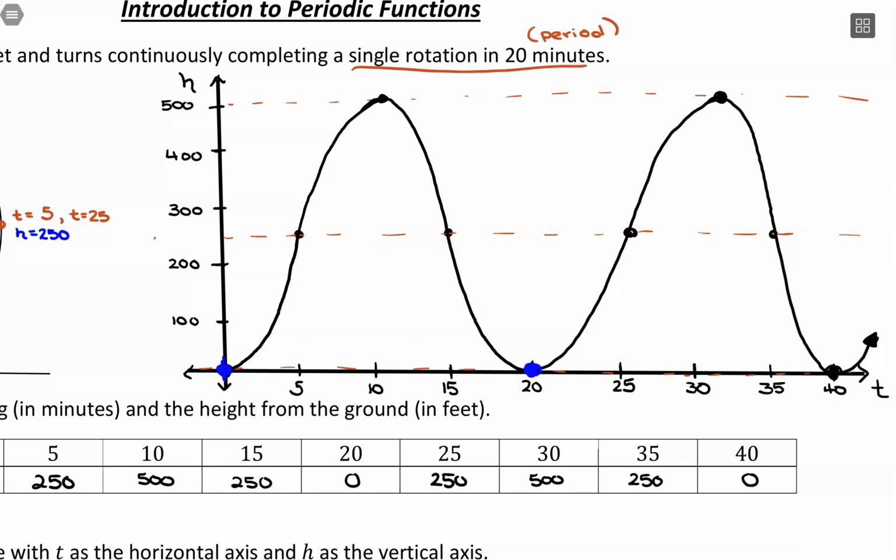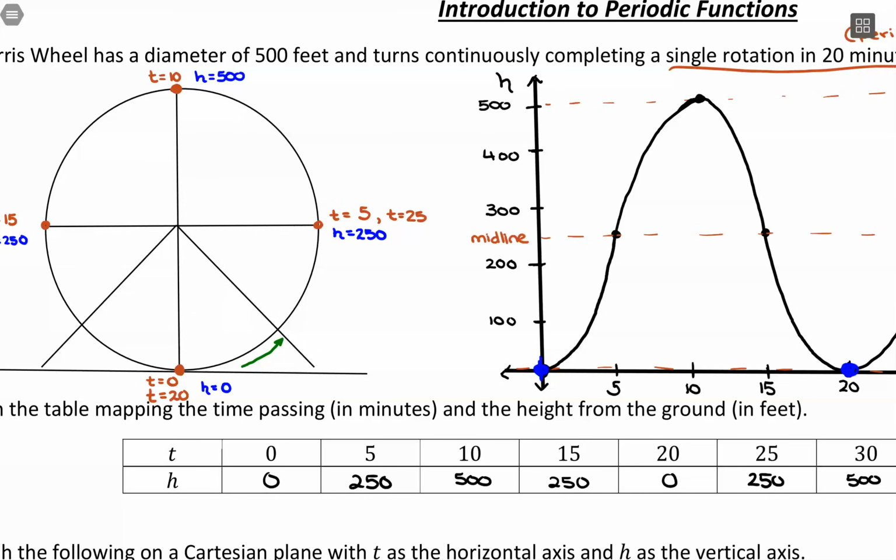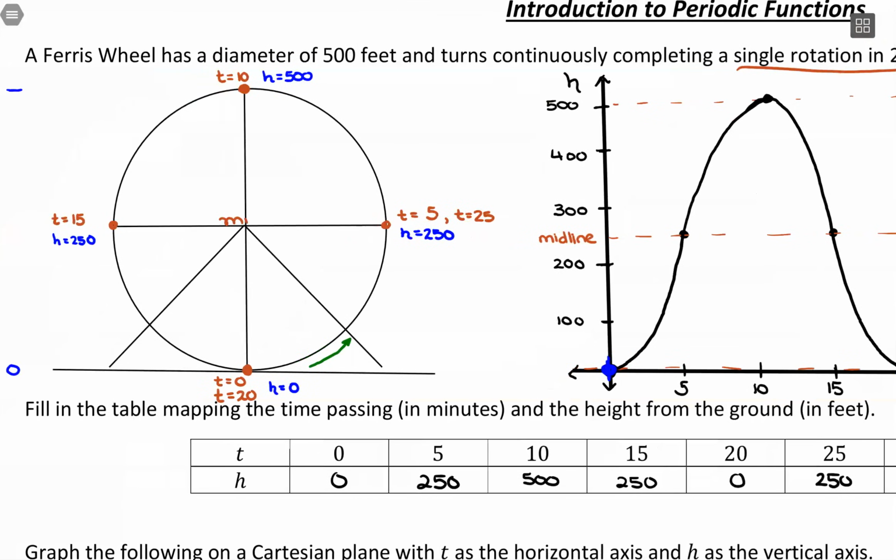So our midline visually is midway between that minimum and maximum value. You can see it on the circle itself as these points that are occurring in the middle of the circle. And this is going to be a horizontal line.